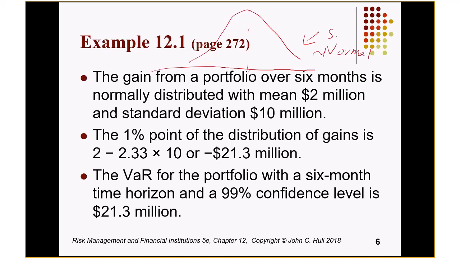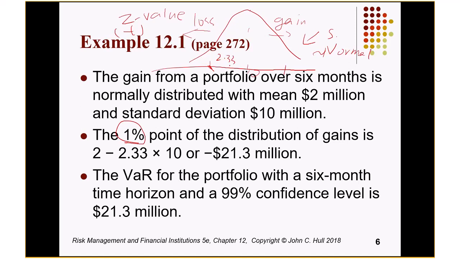We have something called a t-value, or if it's standard normal, it's called a z-value. If it's a student t distribution, we call it a t-value. So for 99%, the 1% point, this part is loss and this part is gain. This would be like 2.33.